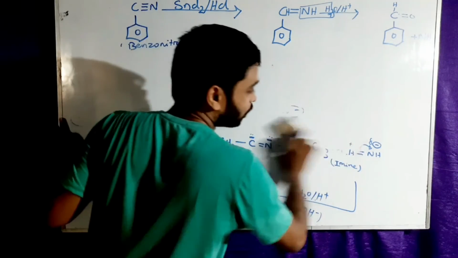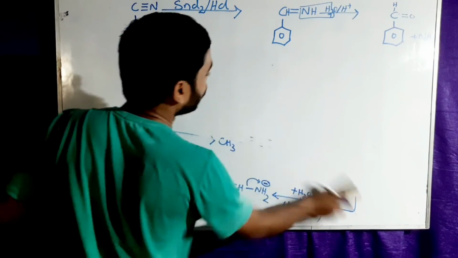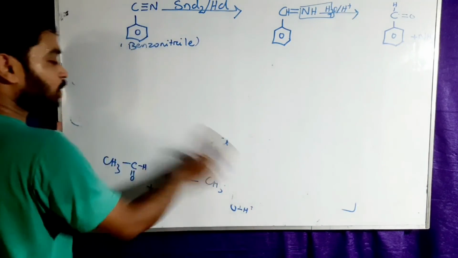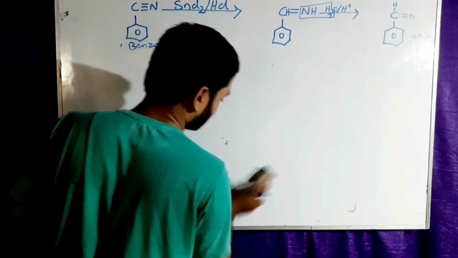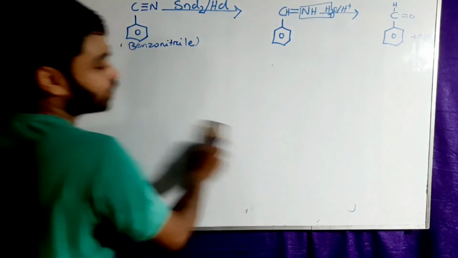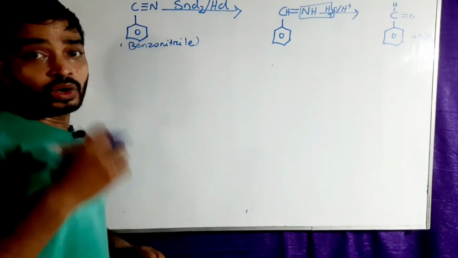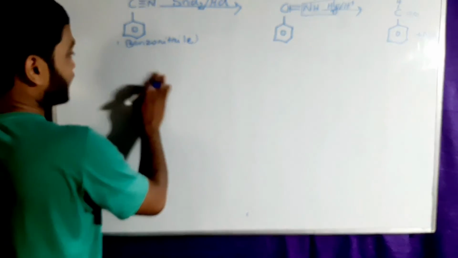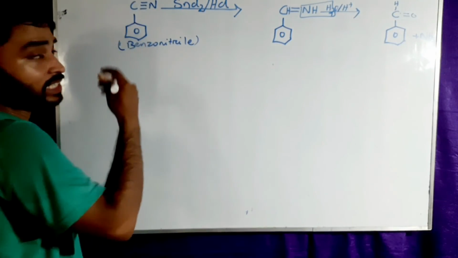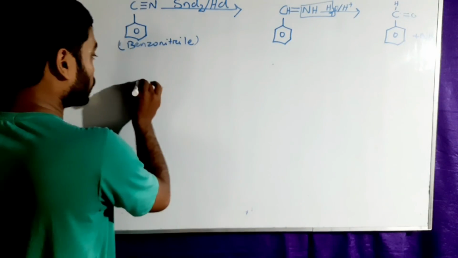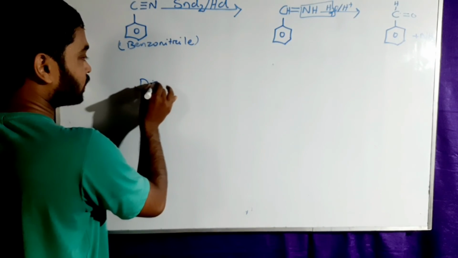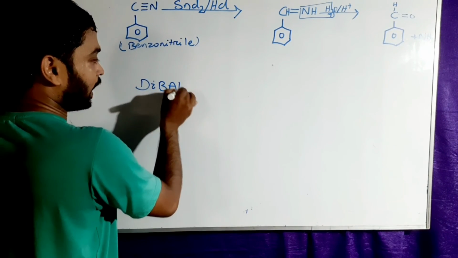So now I am telling you one reagent which is universally used, DIBAL. One reagent is there which can directly convert all the acid halides as well as cyanides directly into aldehyde, which is DIBAL.